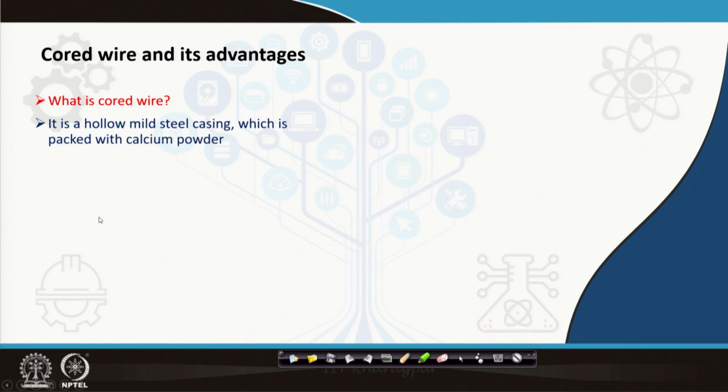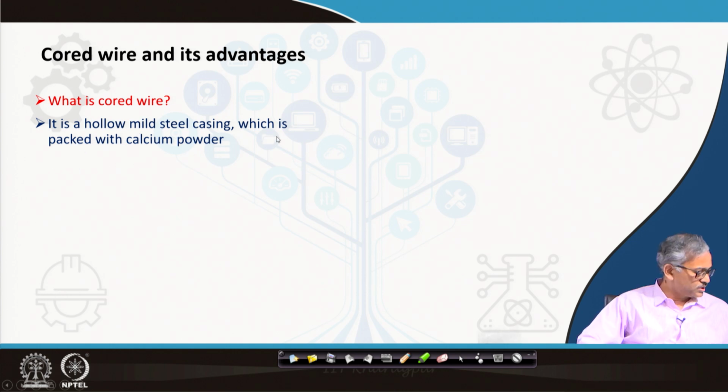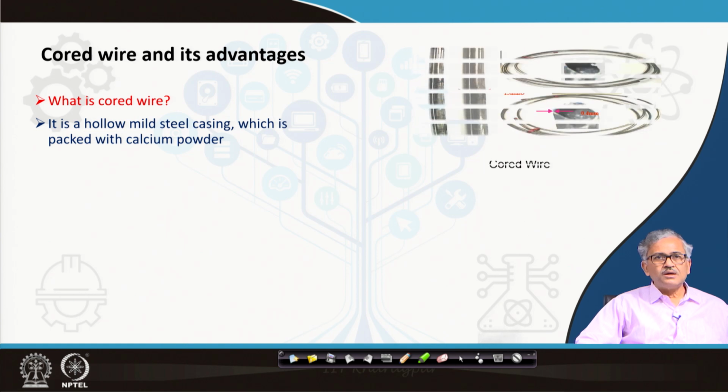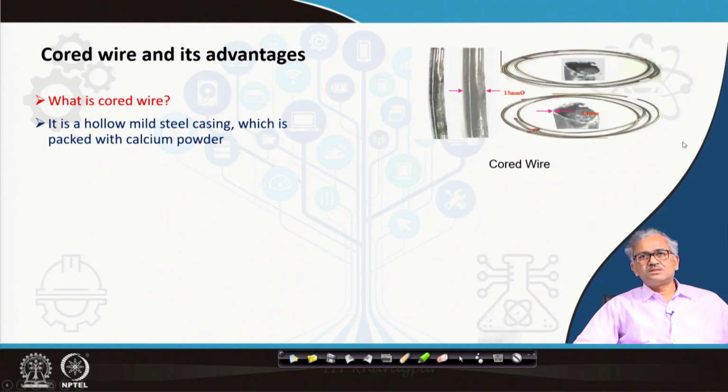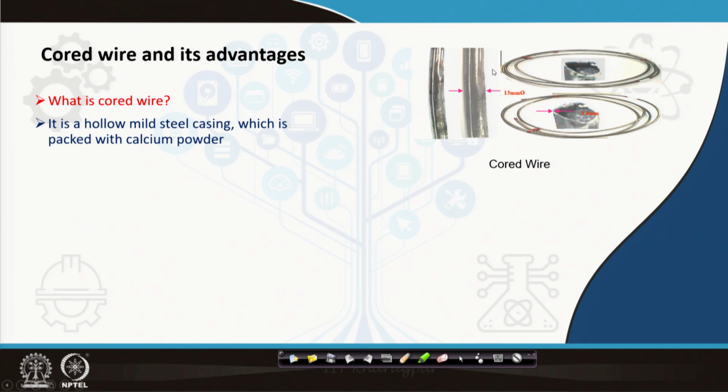That is why it is called cored wire. You can see this is the hollow casing, and inside it the powder is packed. It looks like a wire, and this wire can be rolled around also. This is the wire, and in roll form it looks like this.